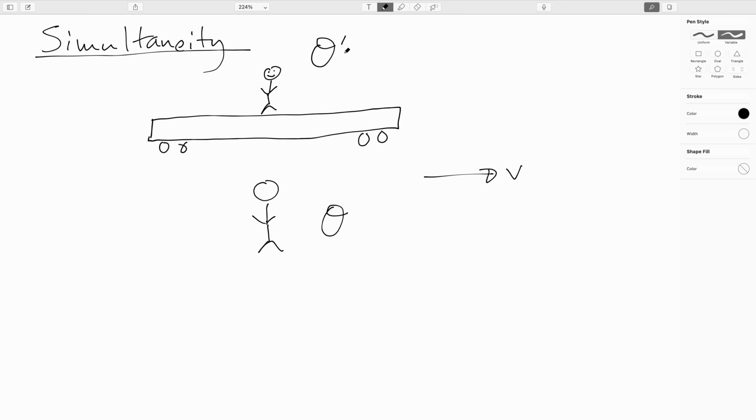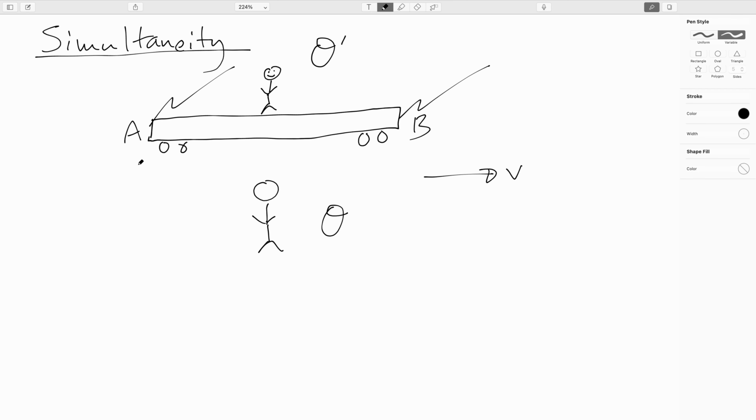Now, when you're watching this happen, you observe the most amazing thing. In fact, you see it, because at the exact instant that the center of the train car passed you, you saw lightning flashes strike the front and back of the train car.